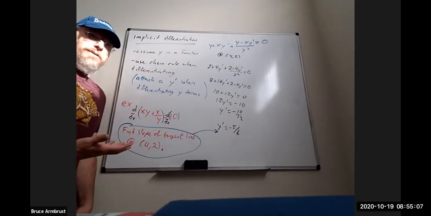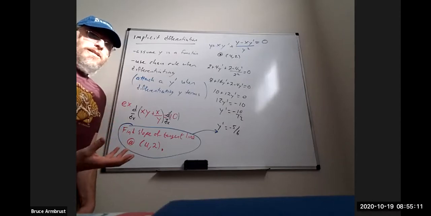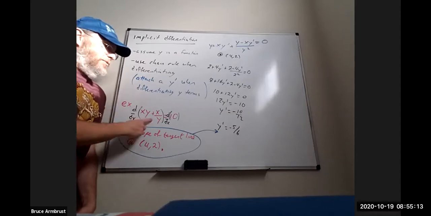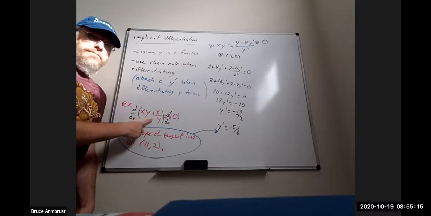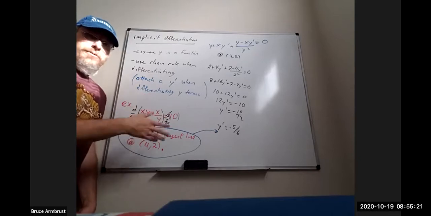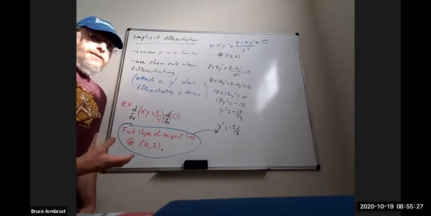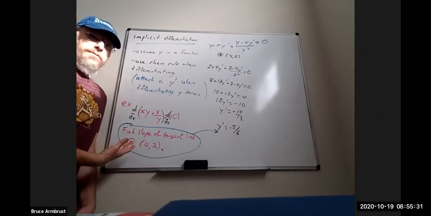And this is the power of implicit differentiation, is that we don't actually have to know what the function is. Now, this one we could have solved for y. It would have been possible to solve it for y. Multiply by y, distribute around, you get a quadratic. We could have solved it for y. And then we could have done explicit differentiation, but this is way faster.